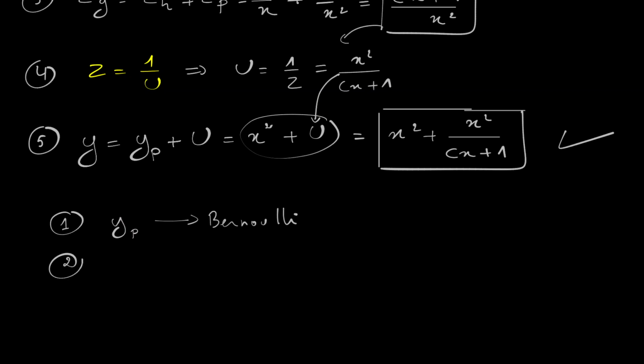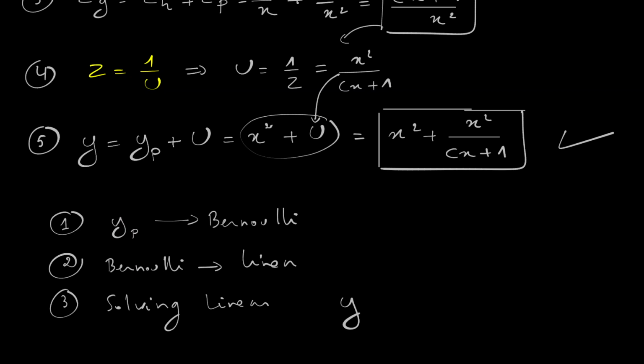The second step is to transform the Bernoulli equation to a linear one. Then we solve the linear equation and we substitute back to find y, the general solution of the Riccati equation, using the first substitution.